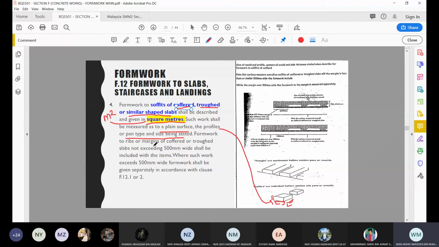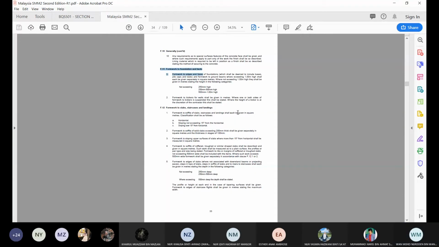Formwork to breadth of or margin of coffered or trough slab not exceeding 500 mm wide shall be included with the item. Where such work exceeding 500 mm wide, formwork shall be given separately in accordance with clause F12.1 or 2 tadi pasal formwork to soffit of slab dan formwork to soffit of solid slab.